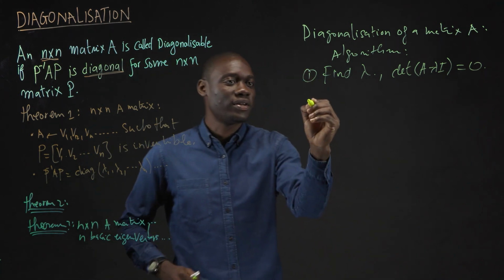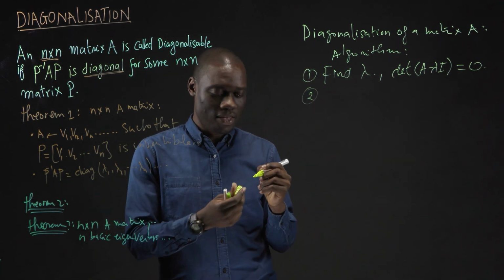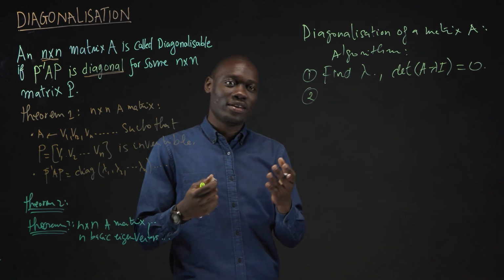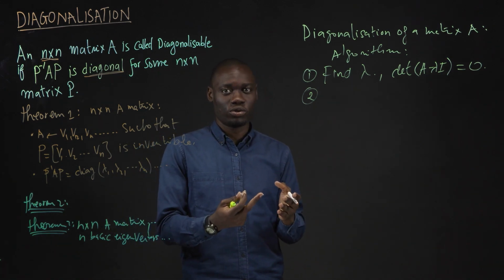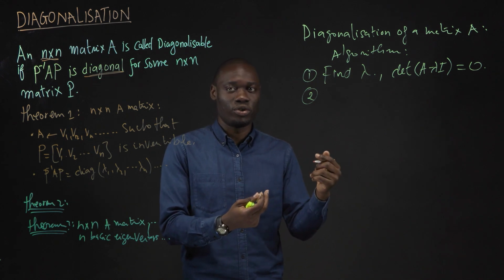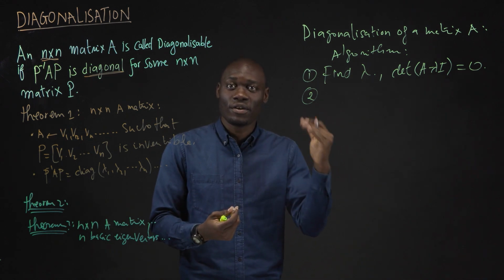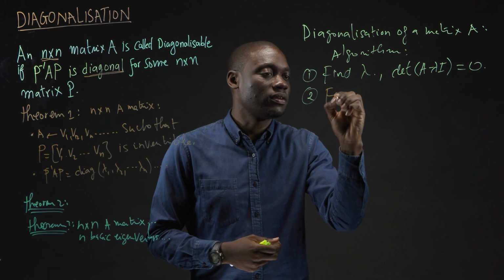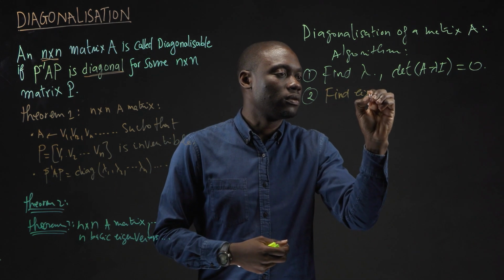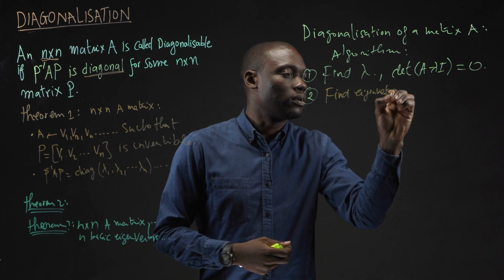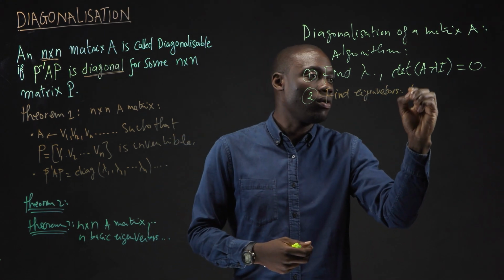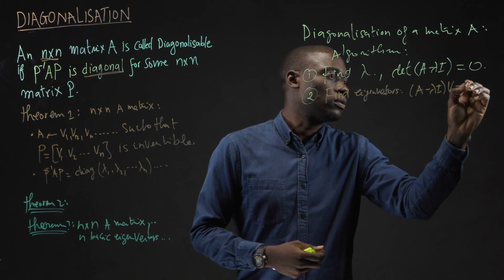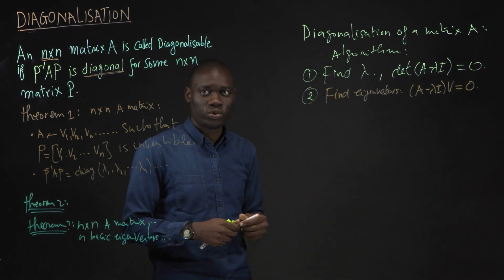The second step will be to find the eigenvectors corresponding to the various eigenvalues you found in the first step. How? By solving the equation (A minus lambda I) x equals 0.